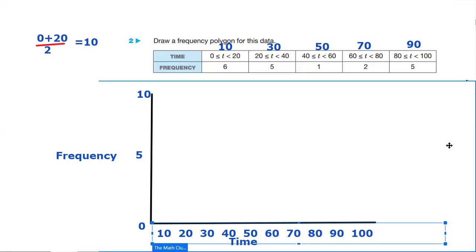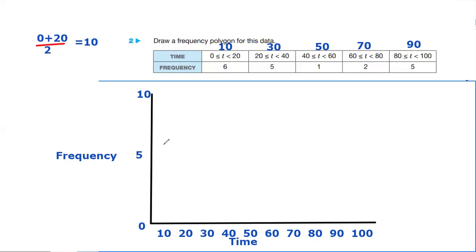First thing, we plot the points that we have as coordinates. So first we have this point, which is 10 and 6. 10 on the time and 6 on the frequency. So it's over here.